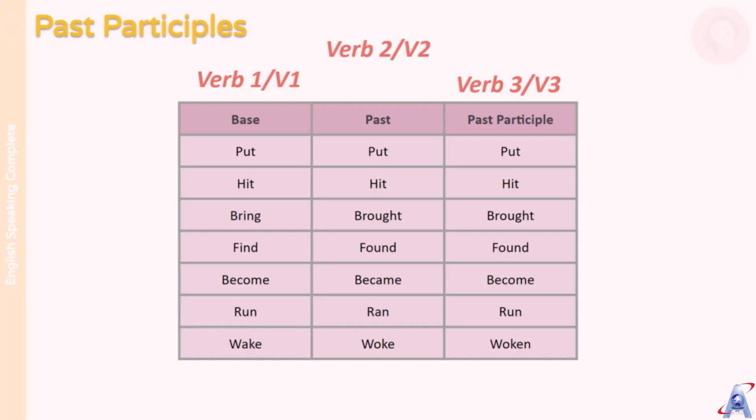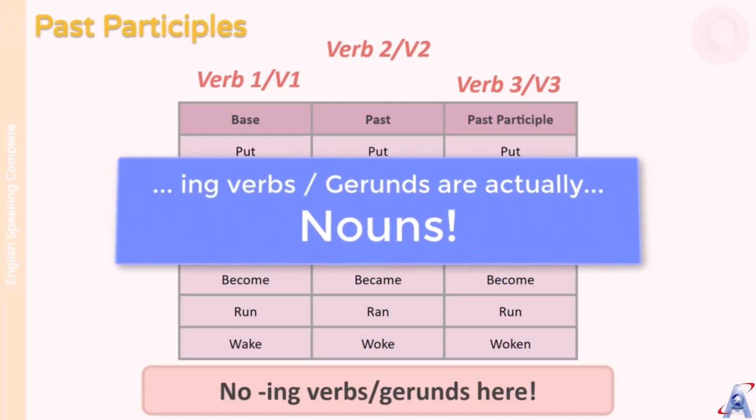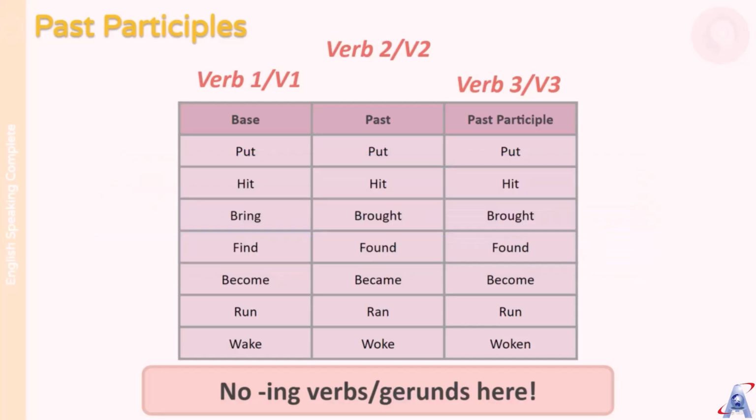Okay, one thing you may be saying to yourself, David, where is the ing verb, the gerund? Well, it's not in this table, and that's because ing verbs, gerunds, are actually nouns. Really important to note. When we use them, they're actually nouns, and they're really important in different tenses too.